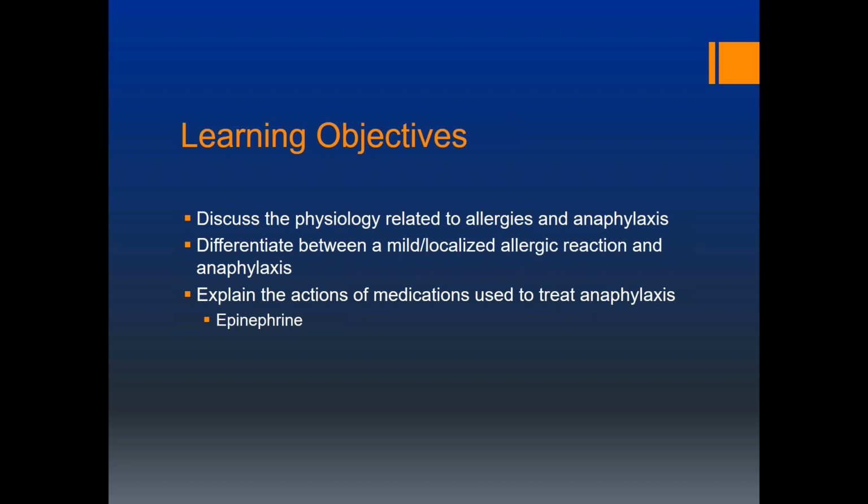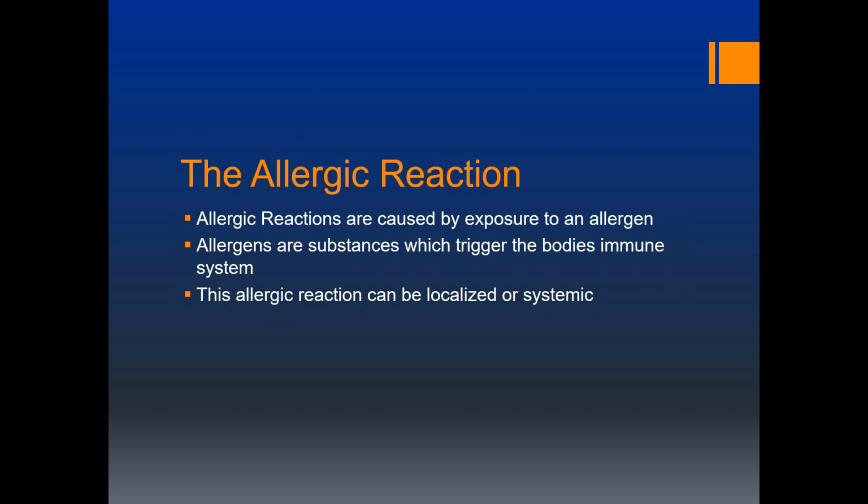So let's talk allergic reaction here for just a moment. Our body is going to have an allergic reaction when it is exposed to something called an allergen. An allergen is something that, when introduced to the body, triggers the immune system to respond.